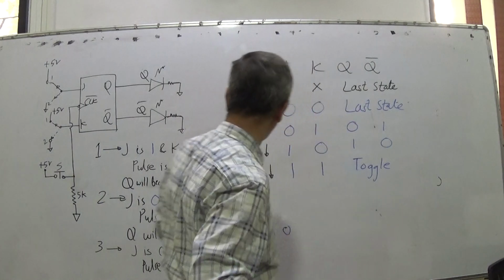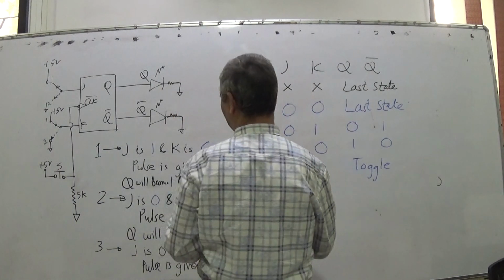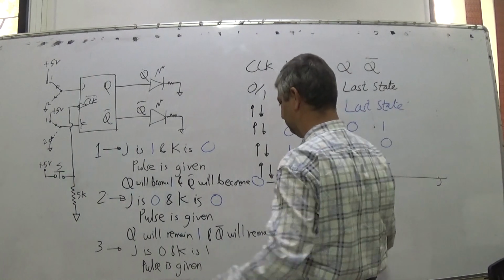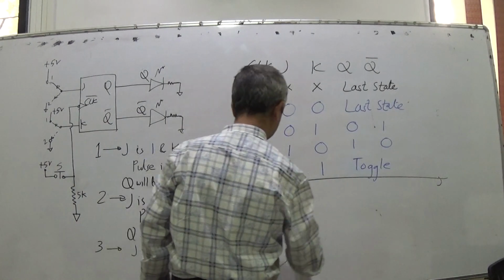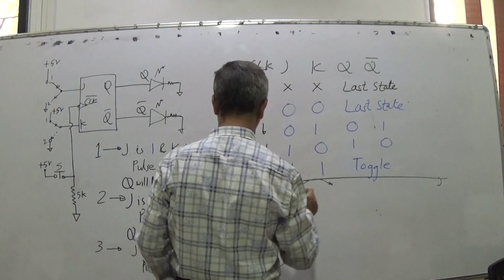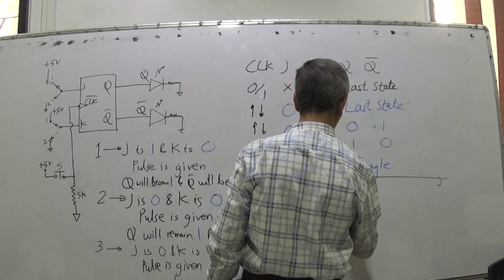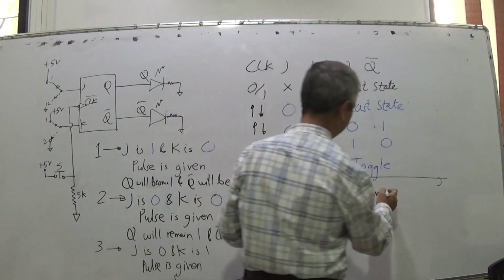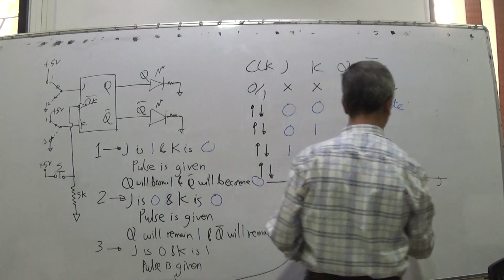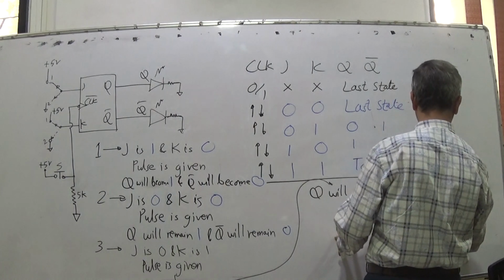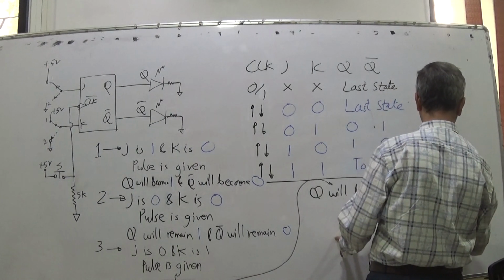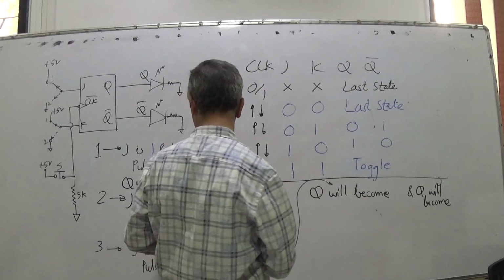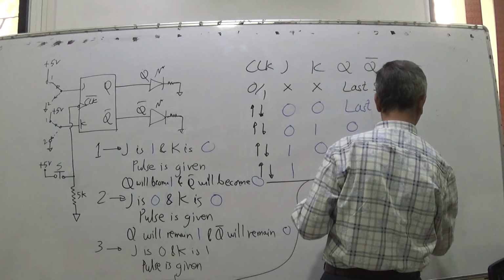In that case Q will become 0 and Q bar will become 1, since J is 0.